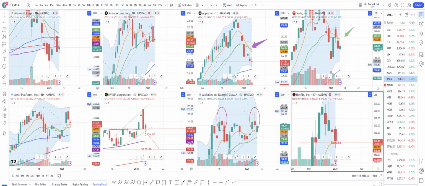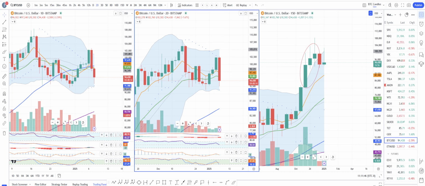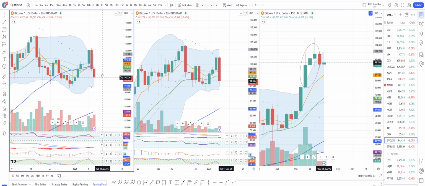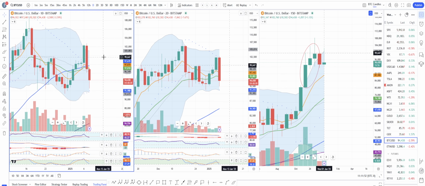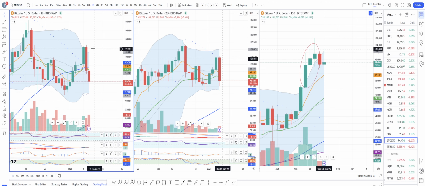Let's move on and check what's happening with Bitcoin right now. Yesterday we discussed in our Bitcoin video, you can check it there, a very strong formation, a very strong bearish closure on the daily frame with a bearish engulfing.